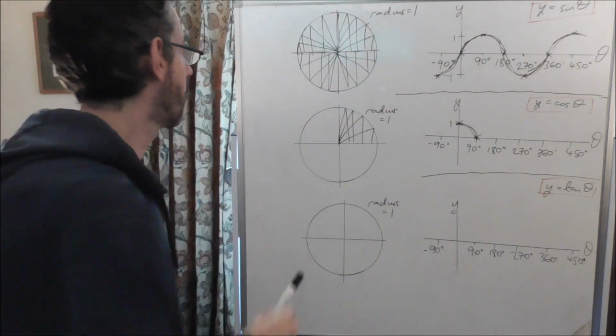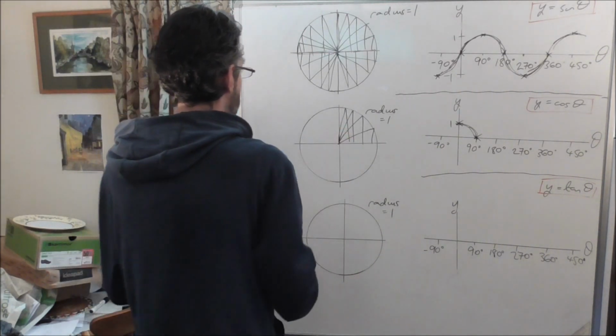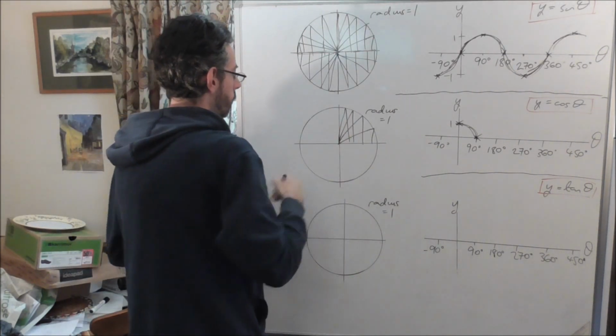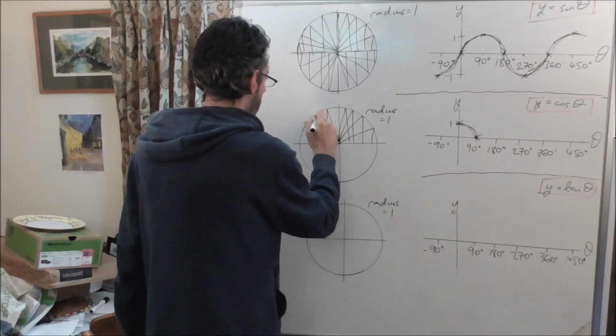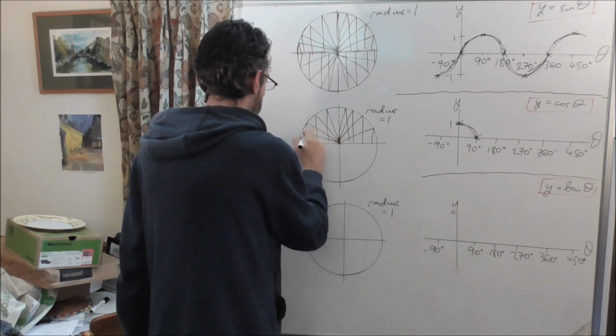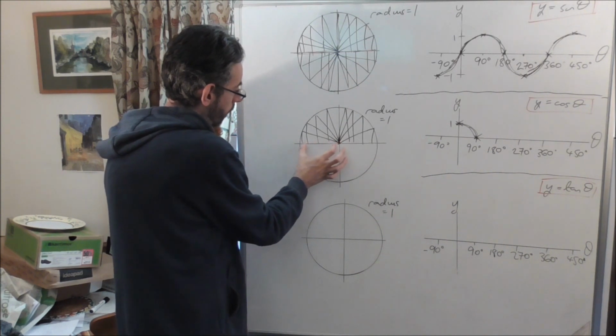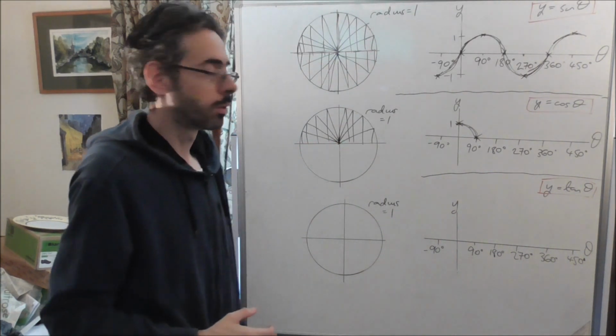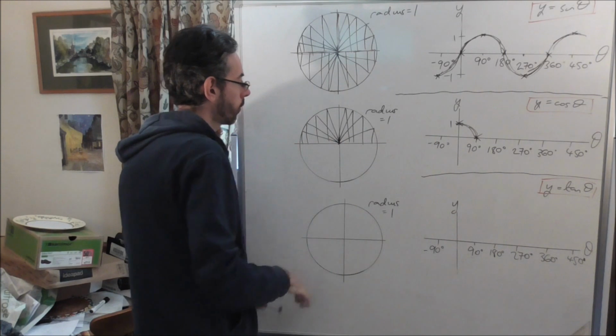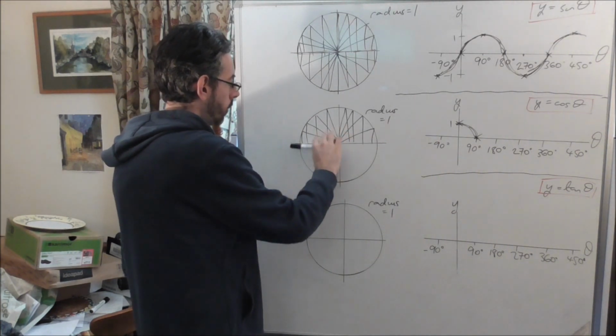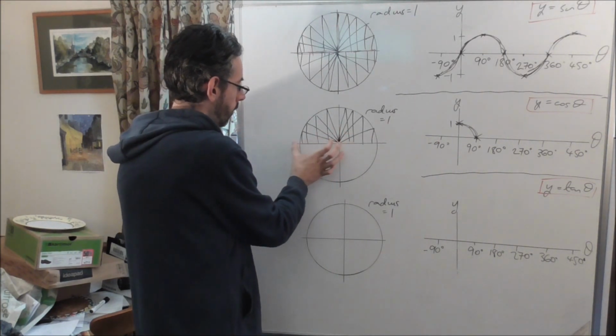Then as you go from 90 to 180, what happens to the bases of the triangles? Well, let's draw some triangles again. Well, you can see the bases sort of get bigger, but in the negative sense. So they sort of go to -1. So as the angle goes from 90 to 180, the bases go from 0 to -1.